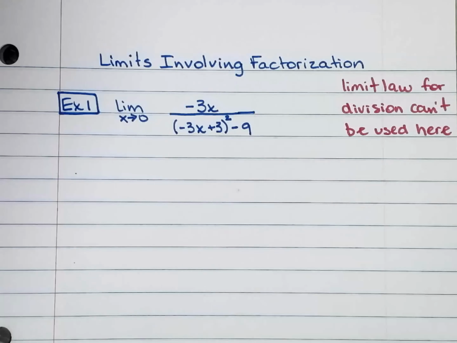When I rewrite this limit, I will substitute what I just expanded. So here we're finding the limit as x approaches 0 of negative 3x over 9x squared minus 18x plus 9, minus 9. This minus 9 belongs to that, so plus 9 minus 9 is 0. Now I'll go ahead and factor out negative 3x.